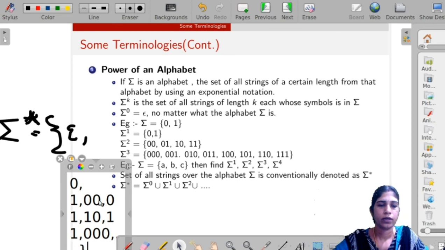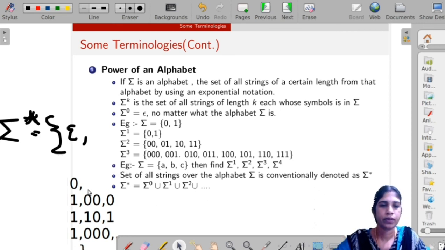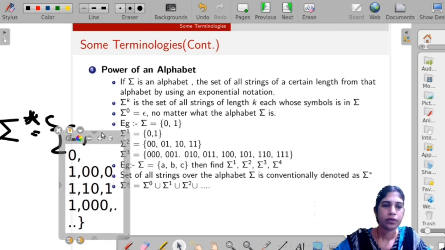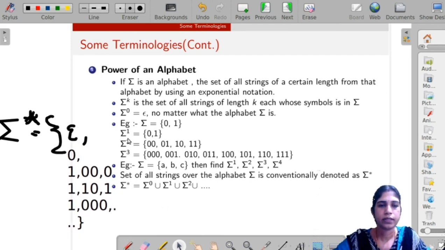Okay, so this is sigma star for the set sigma equal to {0, 1}. So we can write sigma star is equal to sigma raised to 0 union sigma raised to 1 union sigma raised to 2 union, etc.